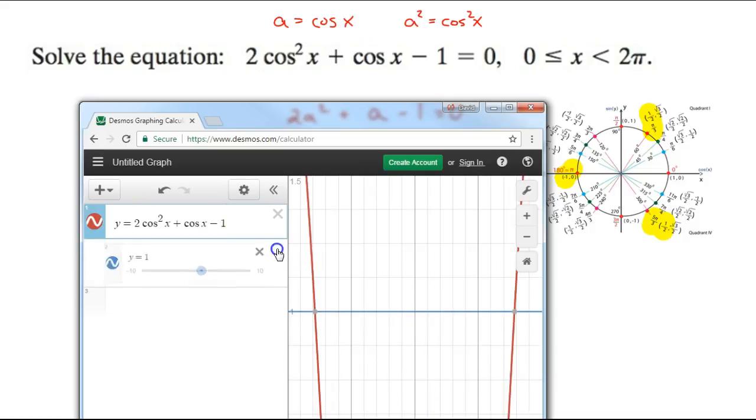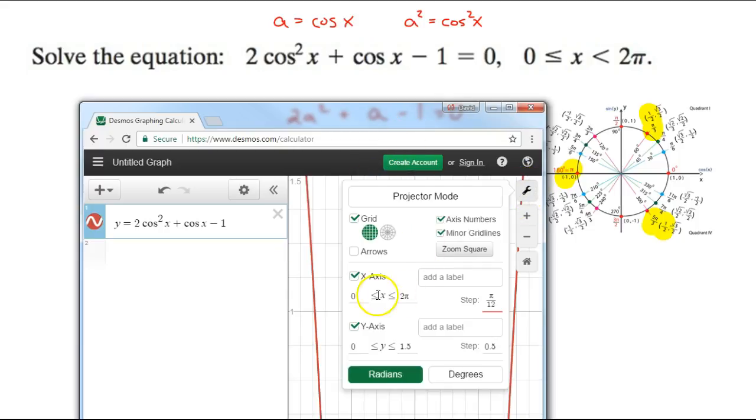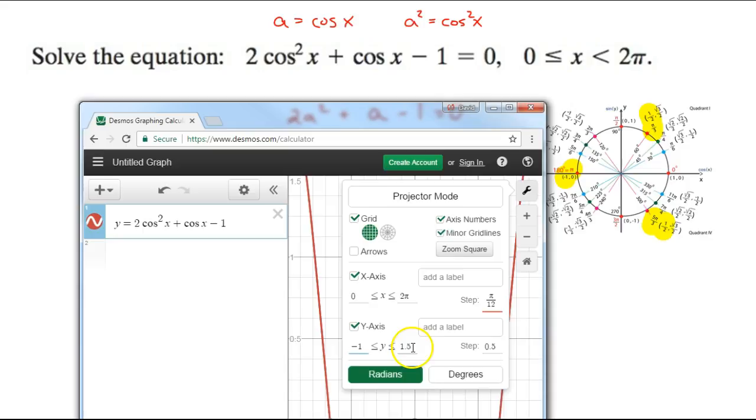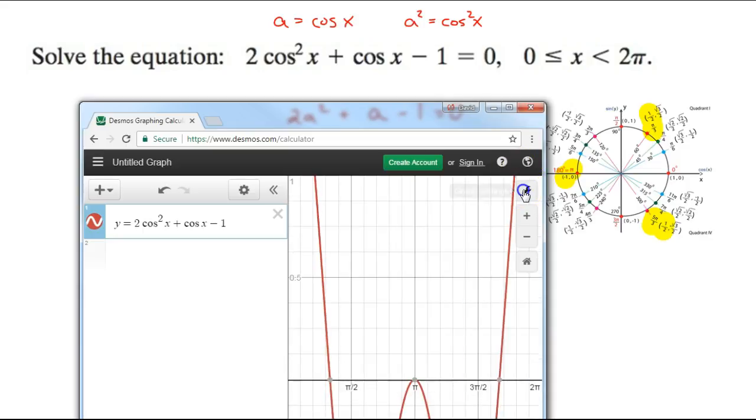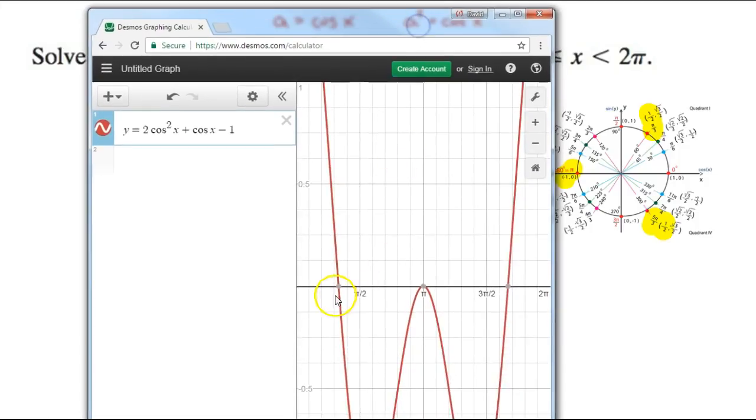Alright, and I'm going to take this away right here. And I'm going to go back to my settings. I'm going to make it 0 to 2 pi. The y-axis, though, I'm going to go down from -1 to +1 because we're looking at the intercepts. Alright, and then where does it cross?